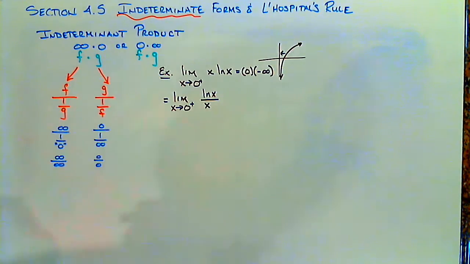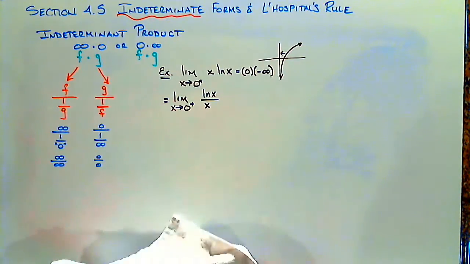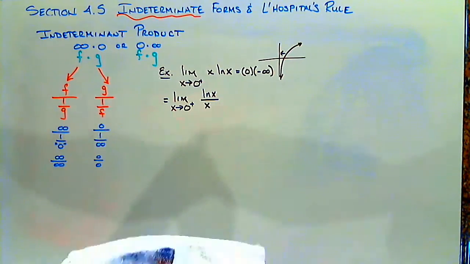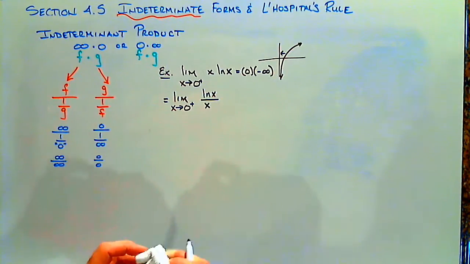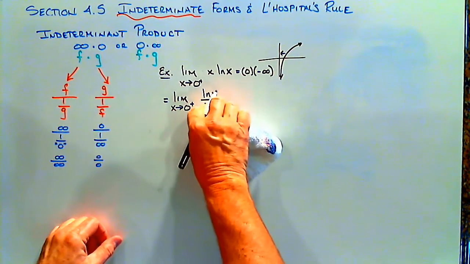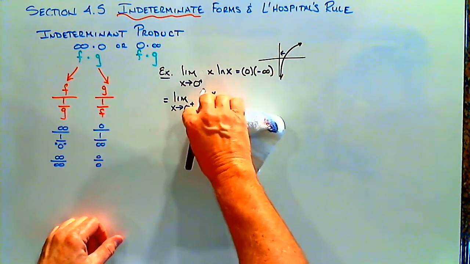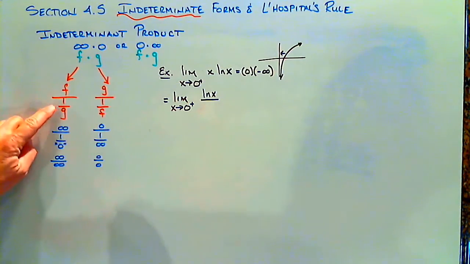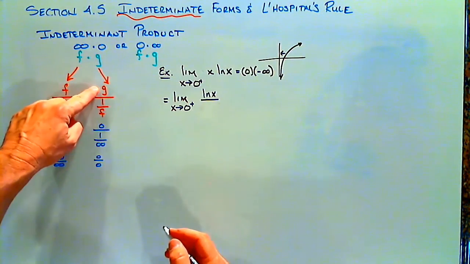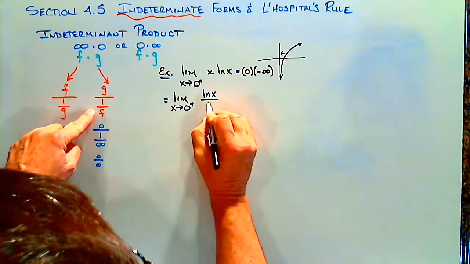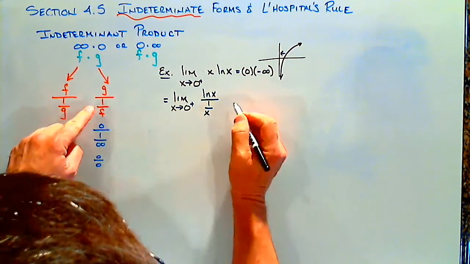Now, I write it and then I pause. Why do I pause? Because my brain is telling me that, hey, Kevin, you've written something stupid. And I'm just trying to think about it and stare at it. And my brain's right. I have written something stupid because that doesn't go there, does it? That's not x. It's supposed to be 1 over x. So this would be 1 over x.